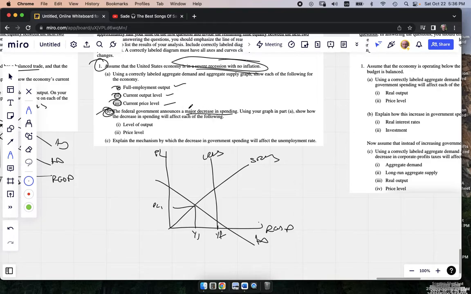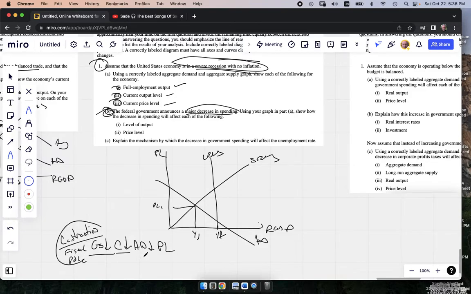Federal government announces a major decrease. Government spending goes down. I know when government spending goes down, there's less money in the economy. Consumption goes down. Or maybe I should say there's less spending by the government. So that implies less people are getting paid by the government, which means consumption goes down. Aggregate demand goes down. This is a contractionary, contraction meaning make something smaller, fiscal policy, right?